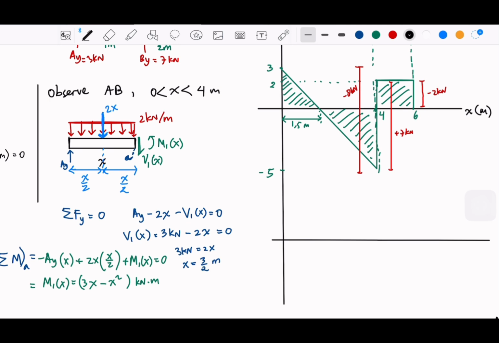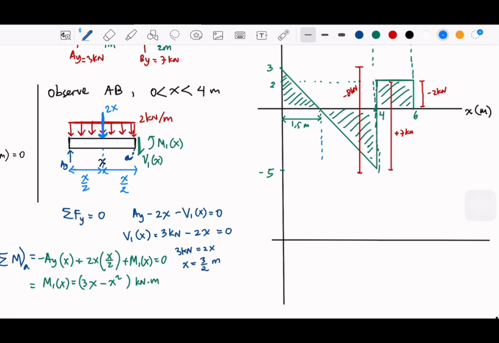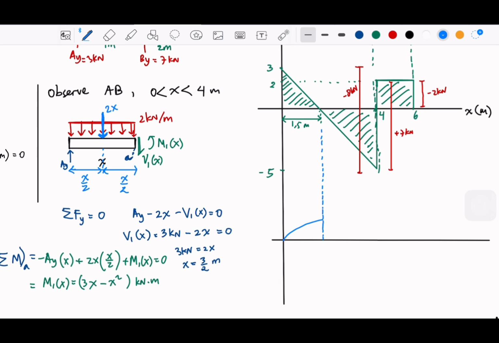So let's at least try to take this in a proportional way. I will use light blue color to describe. So let's take this, so that is 1.5. So this will probably be around here. Okay. And then it will go down here.